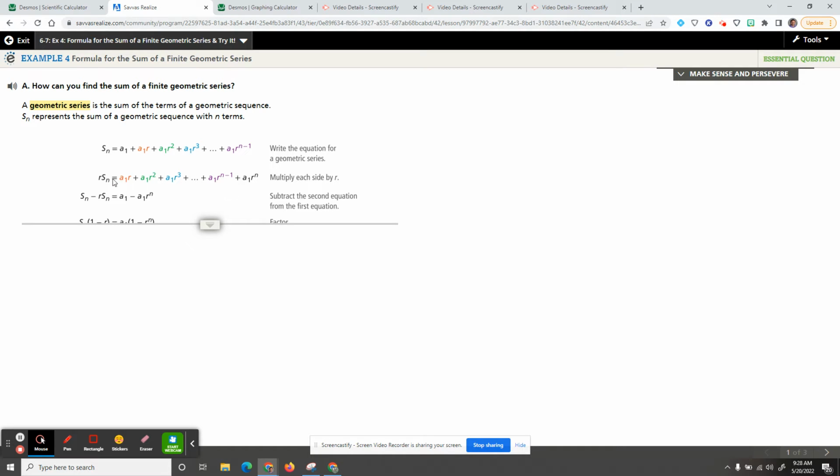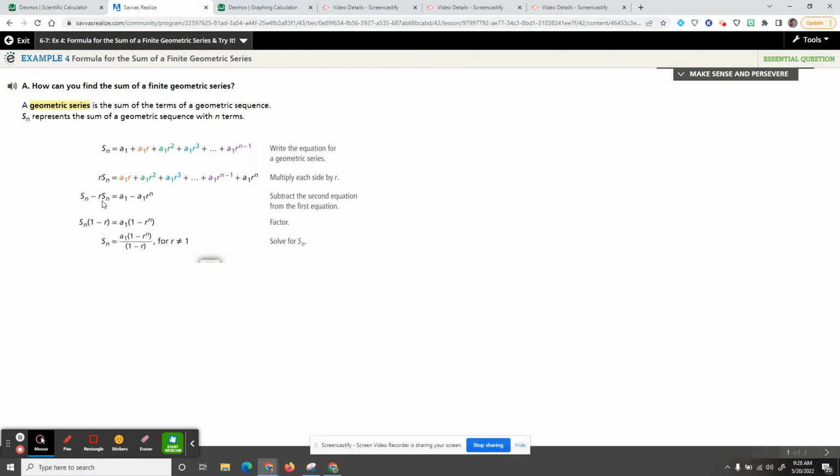So what you can say is that the sum of all of those numbers is equal to the first term of the first sequence minus, since we're subtracting, the last term of the second sequence.